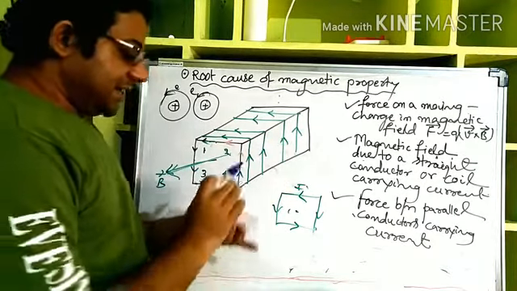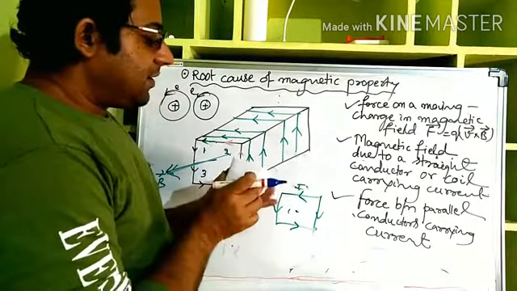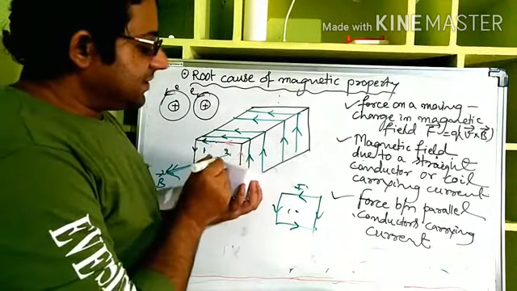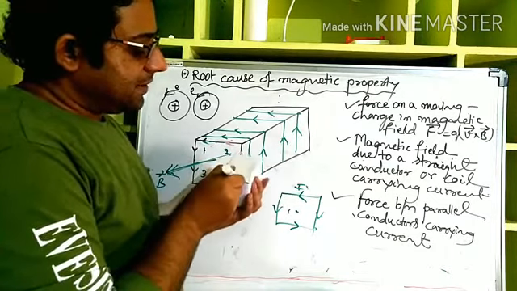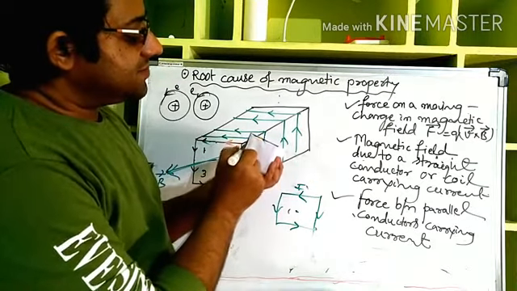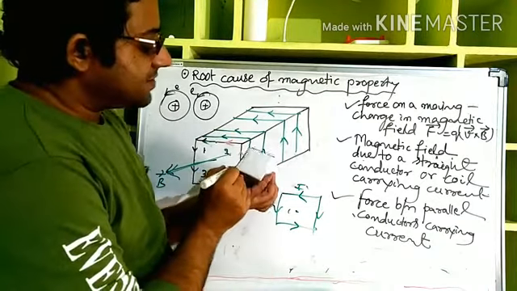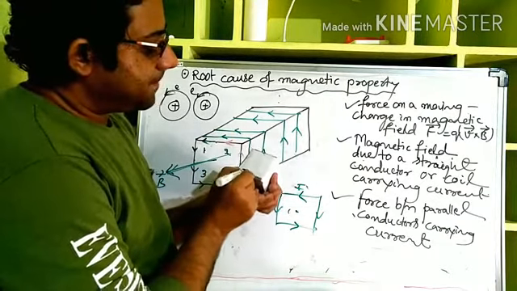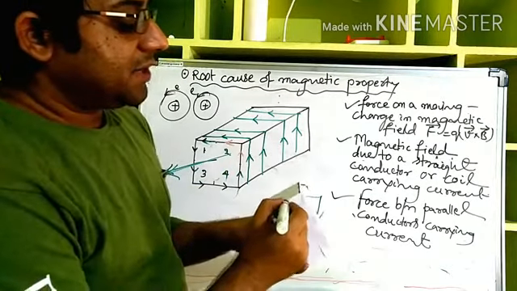Now let us understand it. See, this is the thing. Let us say that current is passing like this, and it is coming like this. The edges I am showing, like this edge, it is coming like this here and coming like this.